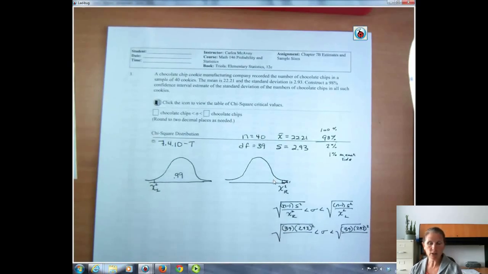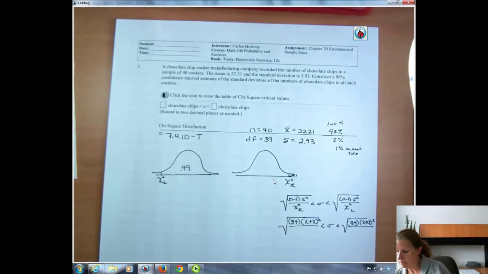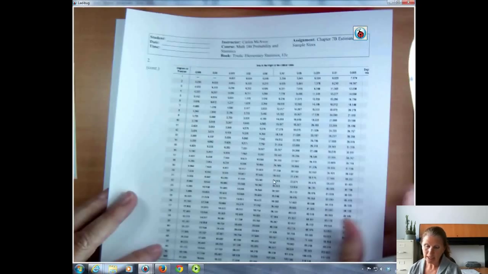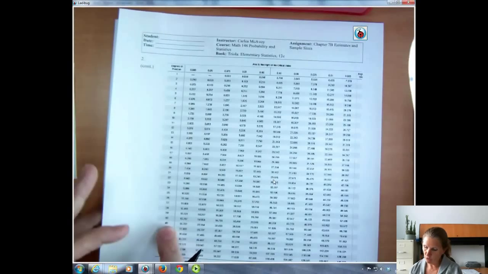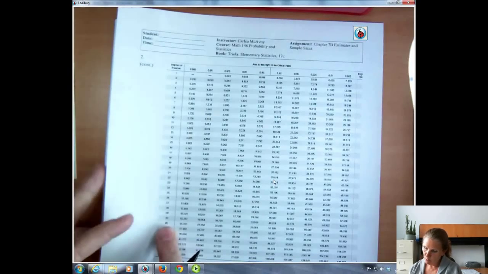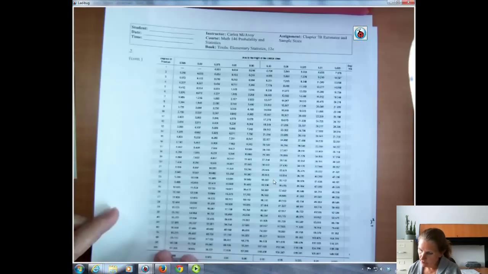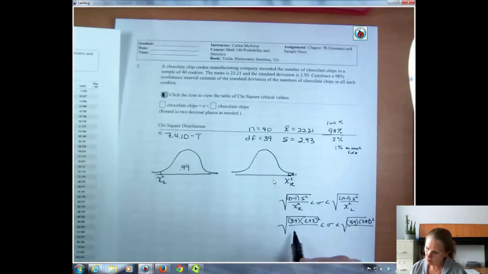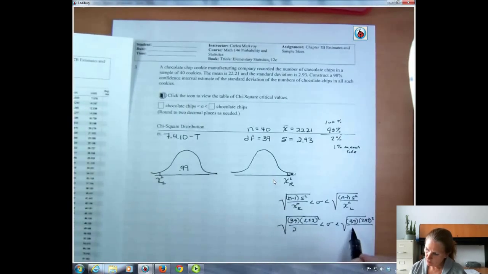All right, so we can go find those if you'd like. The 39 degrees of freedom is not given exactly, just like with the t-values, it's so close that it's not a big deal. 40 is close enough. 0.99, 22.164. That's going to be my left one.